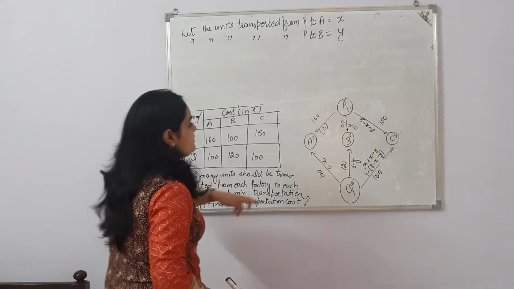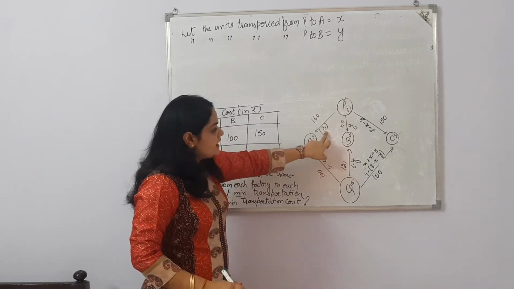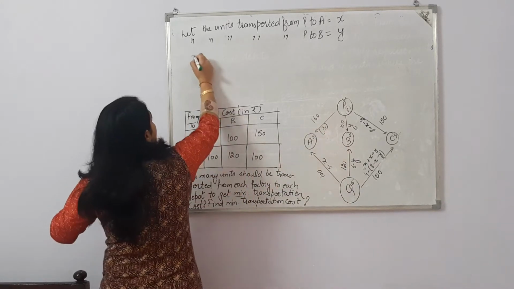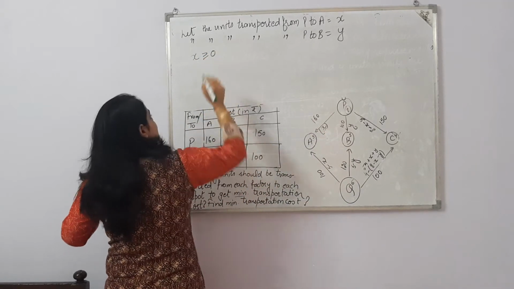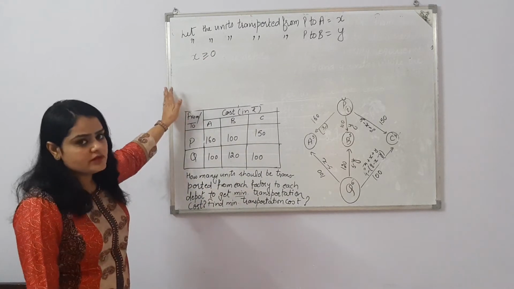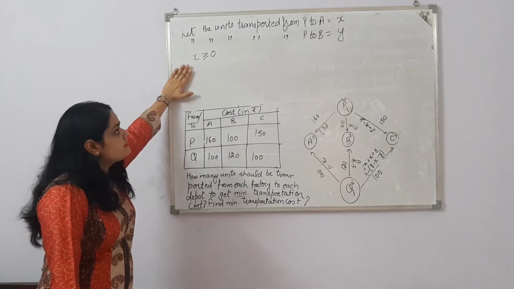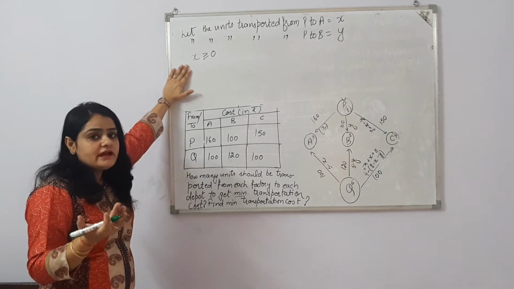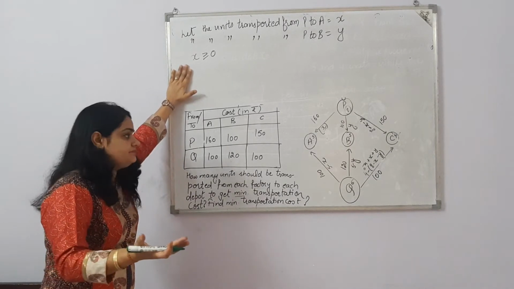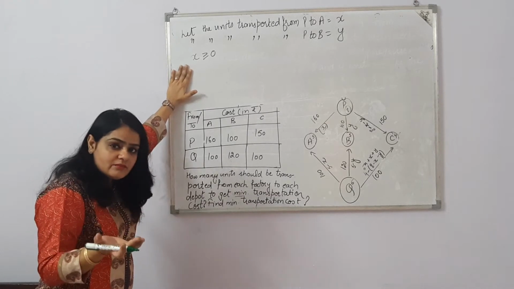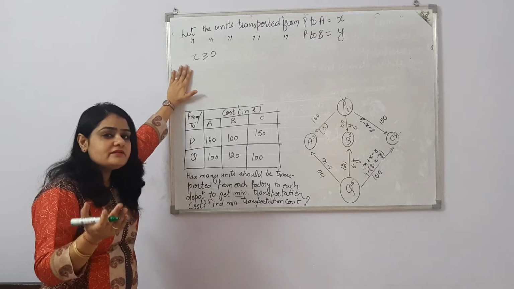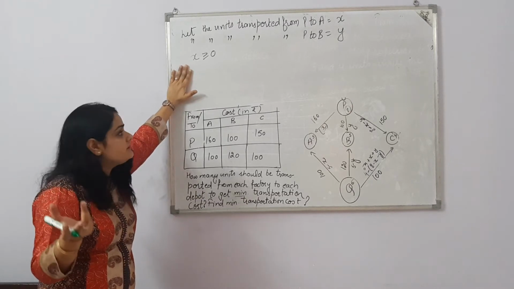The first constraint will be, of course, x. X commodities are going, so x will be greater than or equal to 0. Of course, x is the units transported from P to A. So it is possible that P is delivering one unit of commodity to A. It can be 0, it can be 1, 2, 3, and so on.